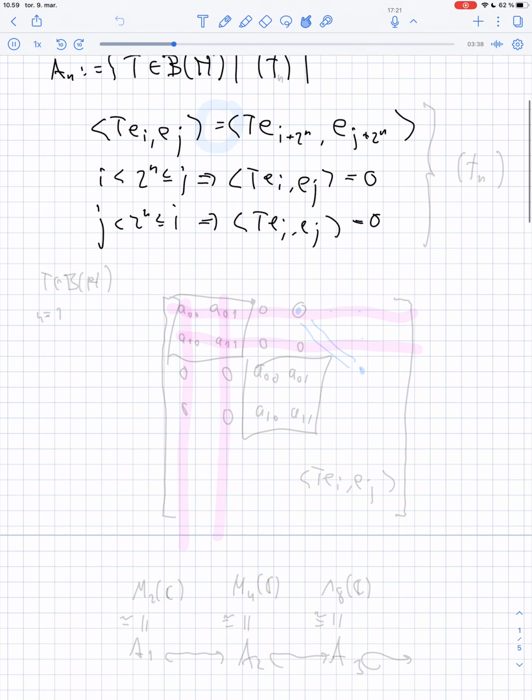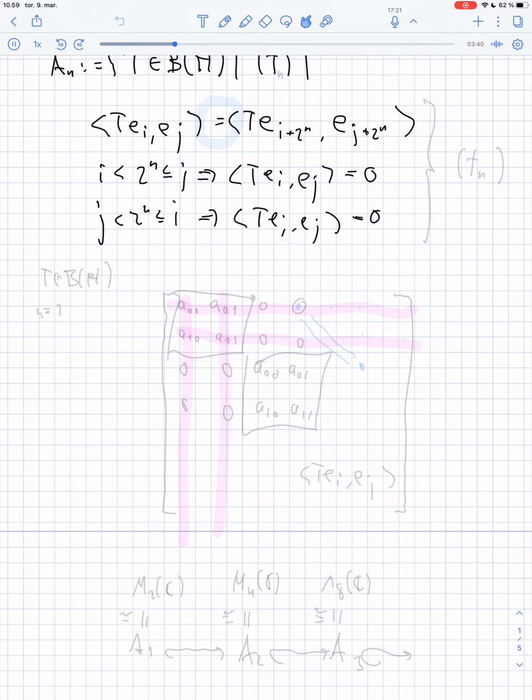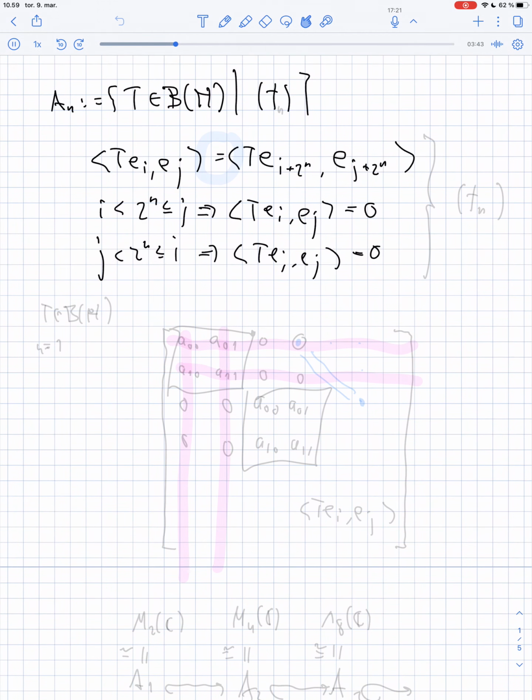Okay, so this perhaps doesn't make a lot of sense. So let me try to show you what this looks like in a matrix picture. Of course, I'm talking about a bounded operator on an infinite dimensional Hilbert space, so it doesn't make sense to talk about a matrix. But when we have an operator like this, we can create a matrix where we just compute these inner products <T e_i, e_j>.